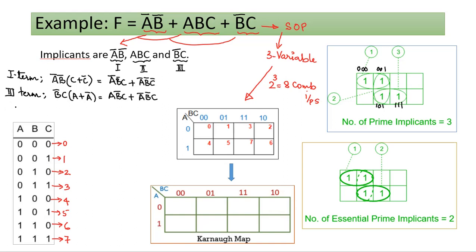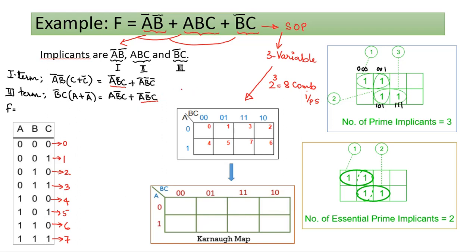So the final canonical expression will have the first term, second term and the third term. If you observe here, we have the term A bar B bar C repeating.